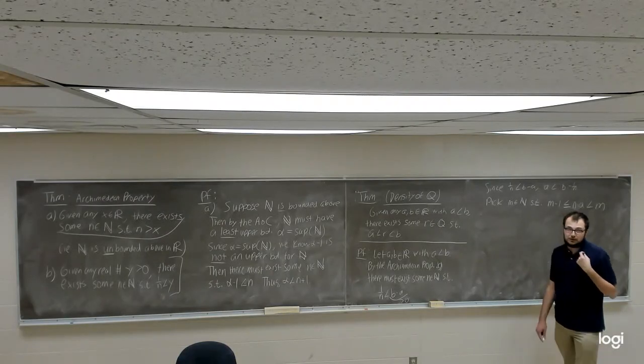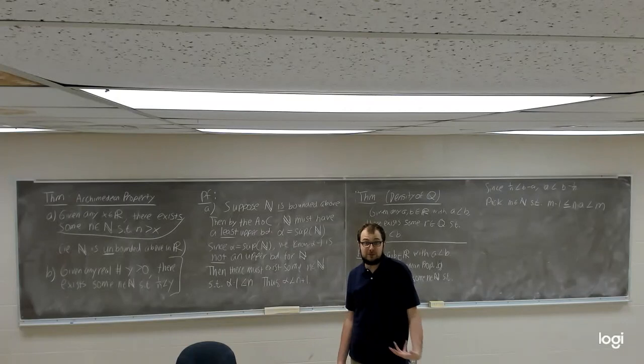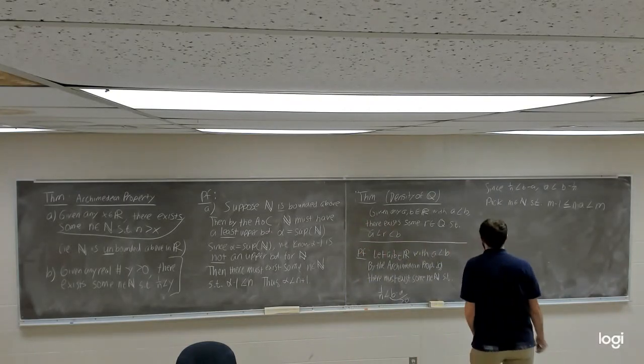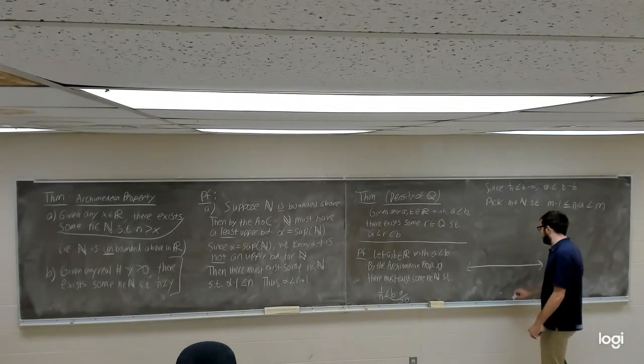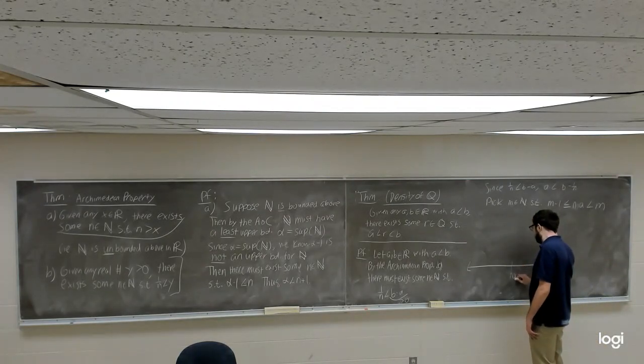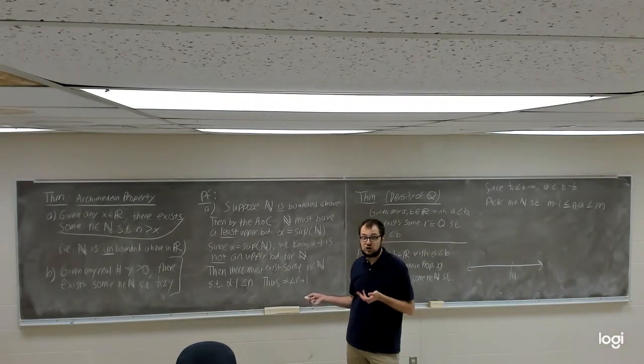A is some real number, maybe natural, maybe not, it may be rational, it may be irrational. And if we look at a number line here, n times a is going to be somewhere on the number line. Here, I'm using the fact that the natural numbers are unbounded above. They extend forever to the right.